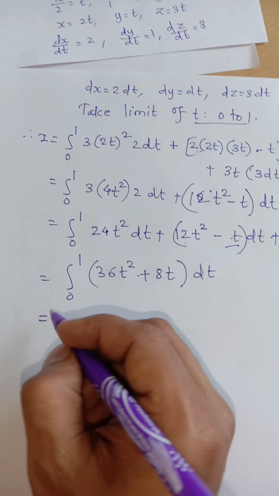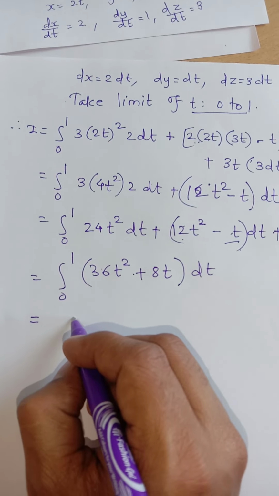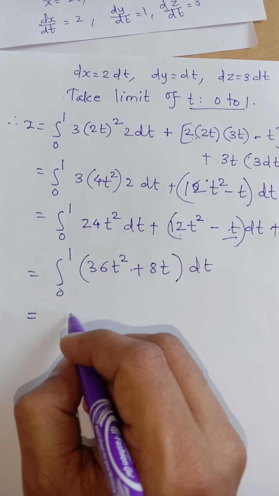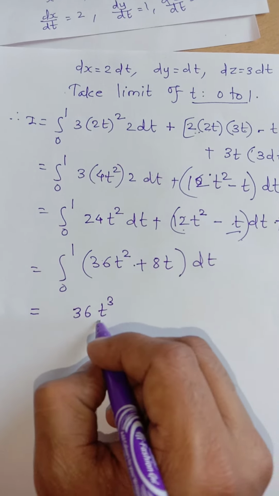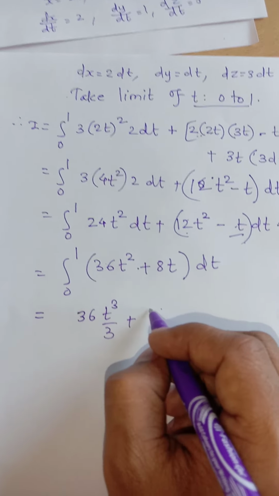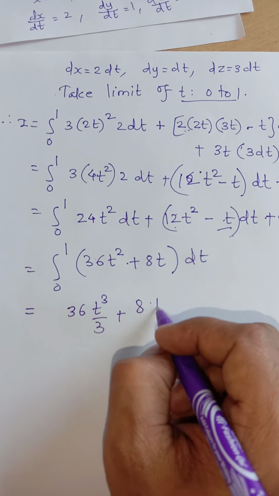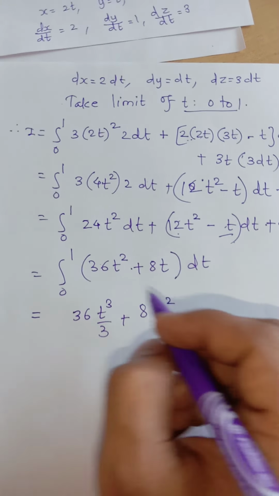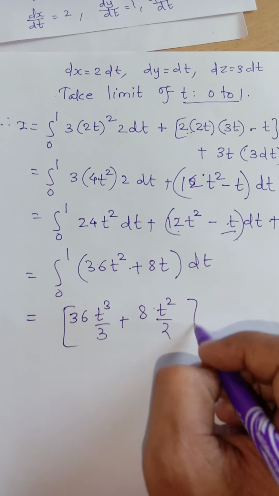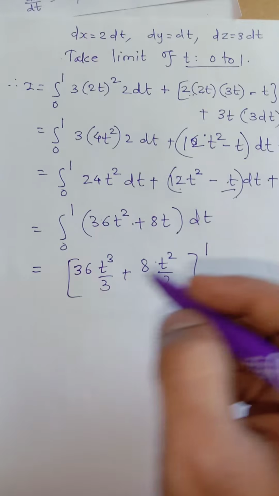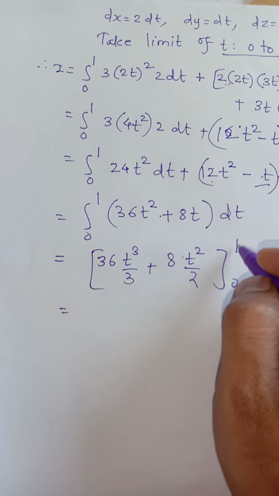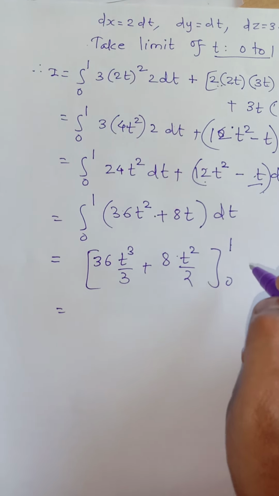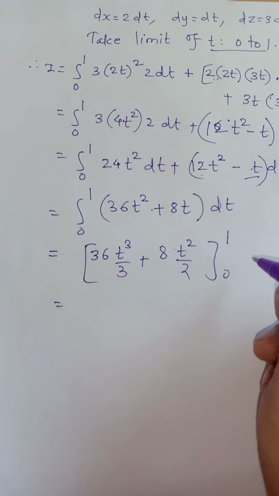So this is equal to 36 kept as it is. Integration of t squared is t cube by 3, plus 8 as it is, integration of t is t squared upon 2. The limits of integration are 0 to 1. Substitute the upper limit t is equal to 1 and the lower limit t is equal to 0.